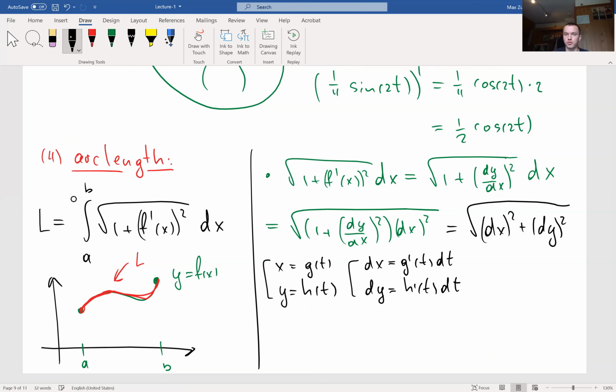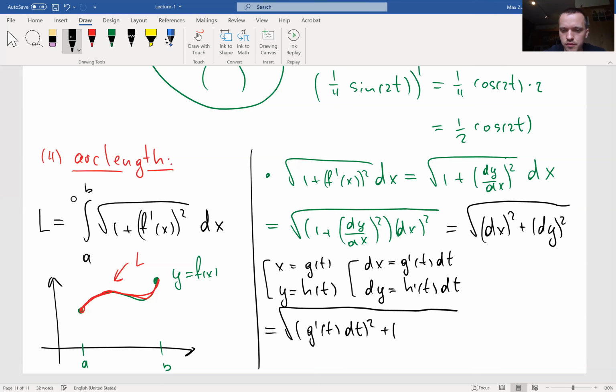And what I'm going to do, I'm going to replace my dx and dy with those values. So I'm going to obtain the square root of g prime of t dt squared plus h prime of t dt squared. And you can see that dt squared is going to be the common factor.